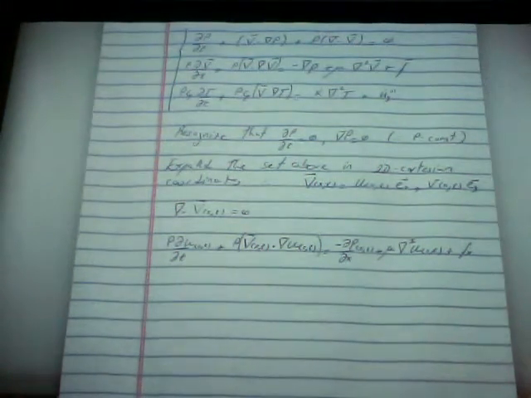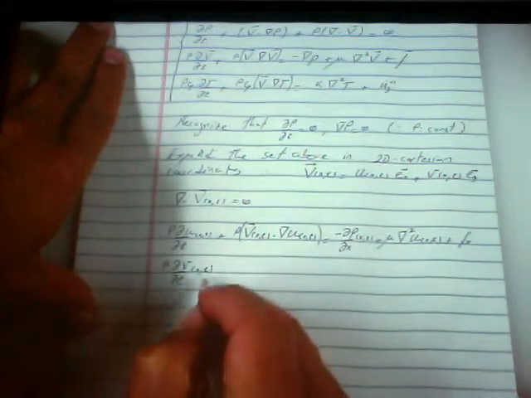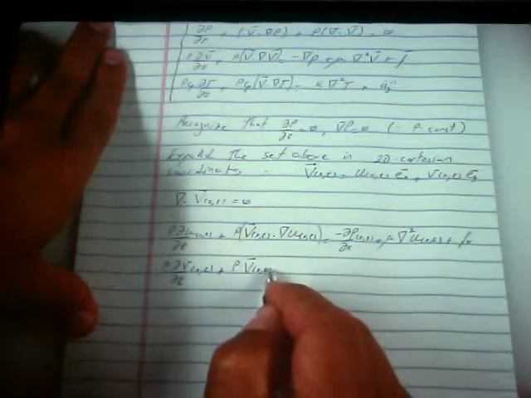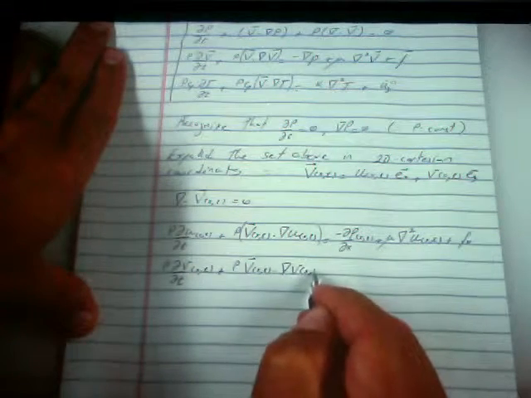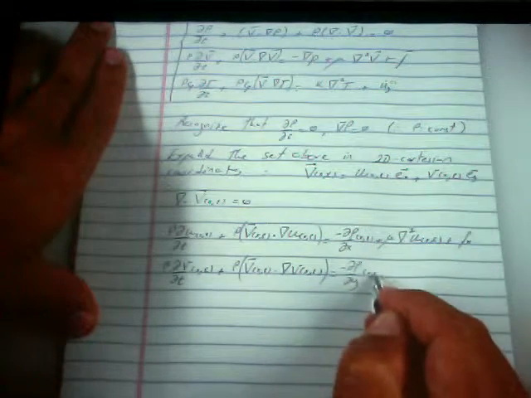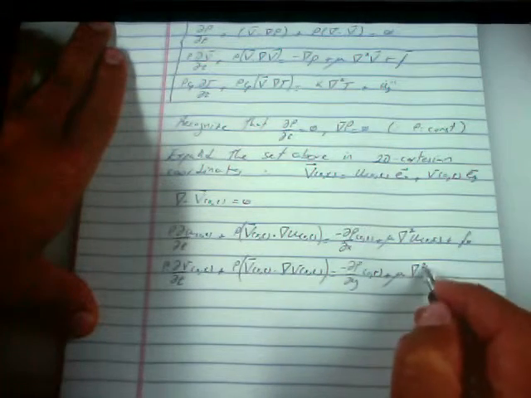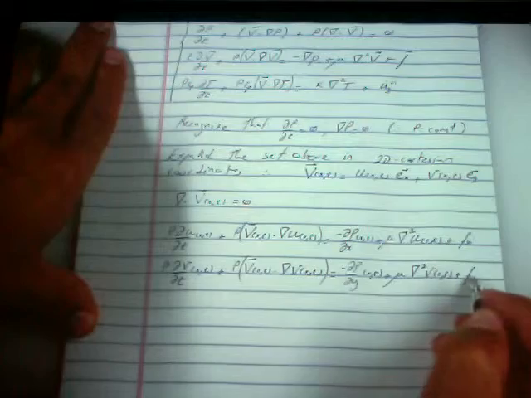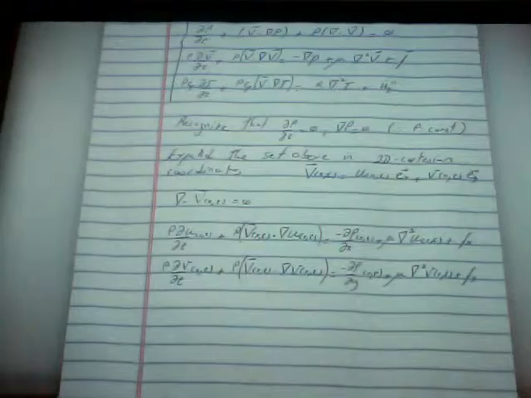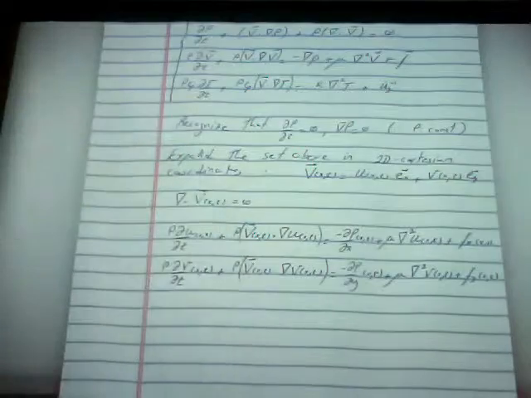And now we need the y component of this equation, which is rho dv dt plus rho V dotted into the gradient of v equals minus dp dy plus mu Laplace of v plus fy. By the way, that fx can also be a function of x and t, and this one can be a function of x and t.